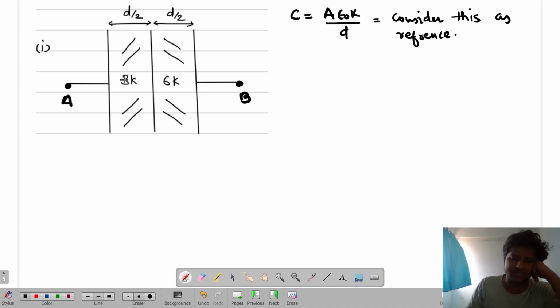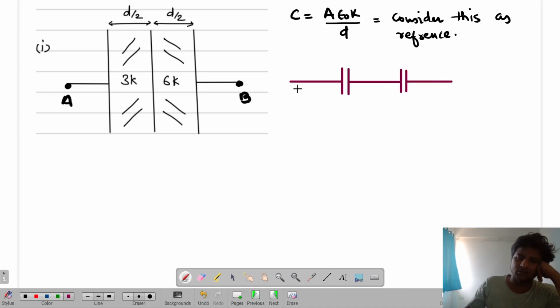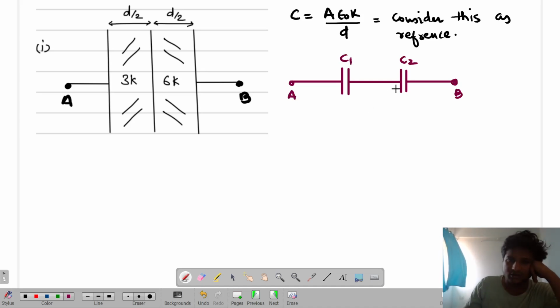First of all, is it a series or parallel connection? It is a series connection because the potentials are different, isn't it? So this is point A, this is point B, this is C1, this is C2. Got it or not? Just do not think of the formula right now. That formula was for derivation.